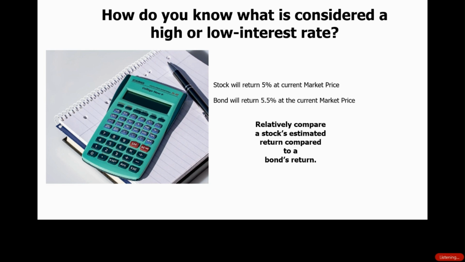In this scenario, a bond is generally less risky than a stock. And so this would be a very easy decision: you would want to be buying bonds because of the interest rates. By being able to relatively compare a stock versus a bond, it's always going to put you on the right side of the fence, whether it's time to be buying stocks or time to be buying bonds. And that's truly the art of asset valuation.